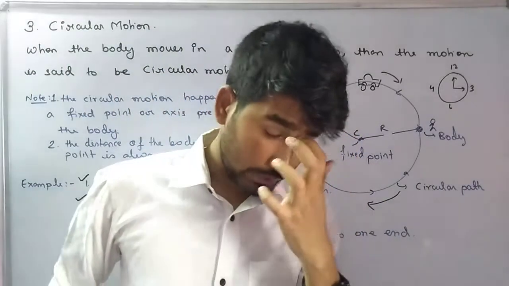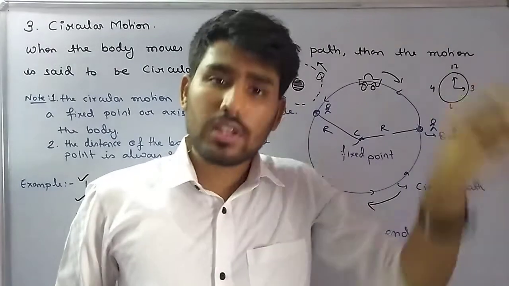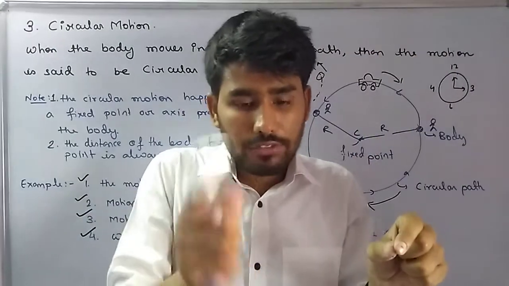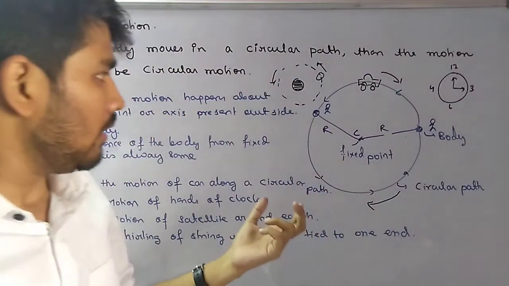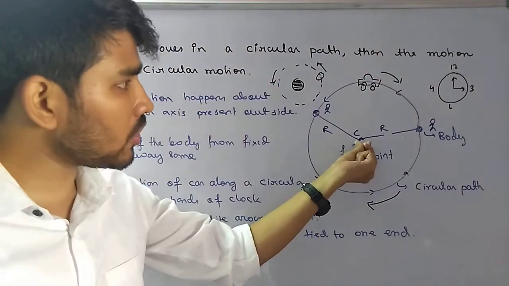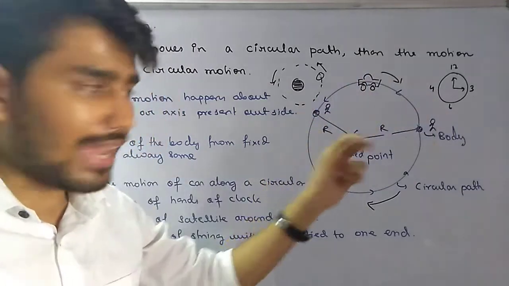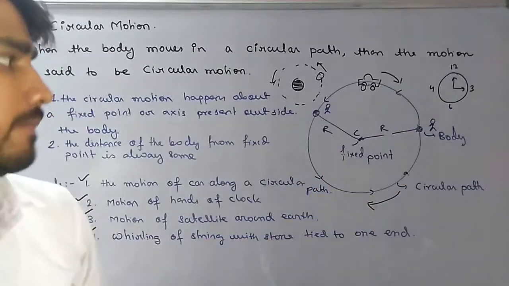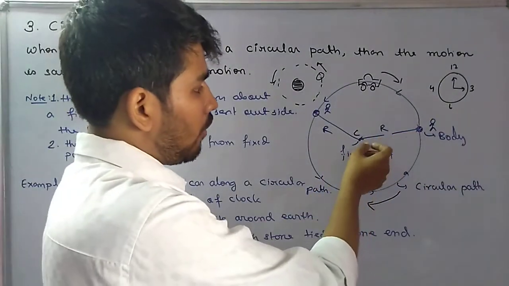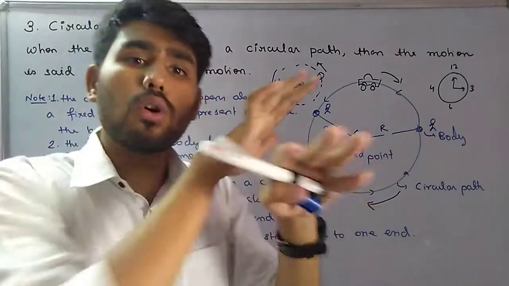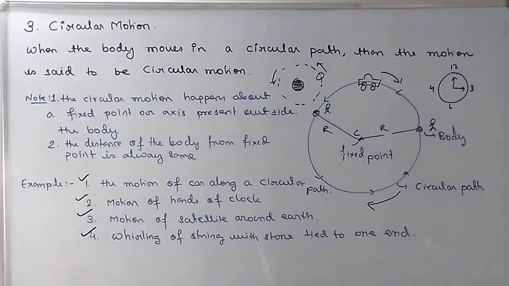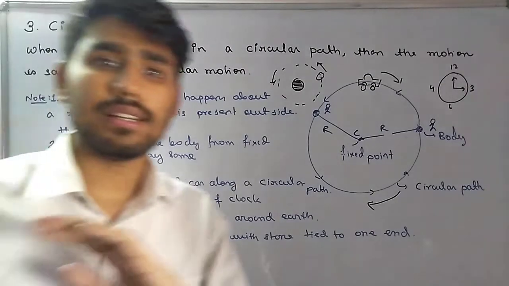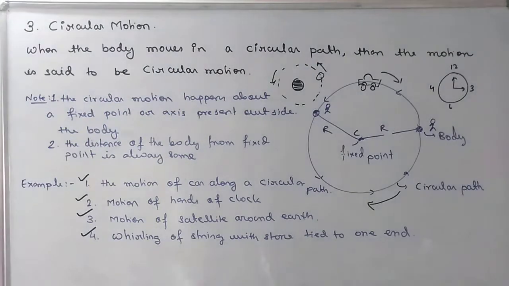If the body moves in a circular path about a fixed point which is present outside the body, it is called circular motion. This fixed point about which the body rotates has to be outside the body, and the distance of the body from the fixed point is always the same, which is called the radius of a circle. And here we have a few examples. I hope it's clear. Let's make the next one.